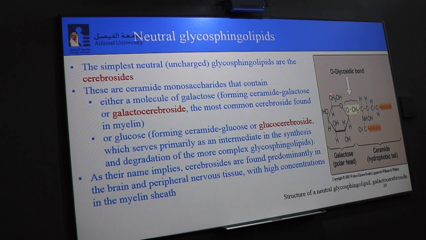If you have a galactose here and a ceramide here, this structure is called galactocerebroside. If you have a glucose here and a ceramide here, this structure is called glucocerebroside. So according to the monosaccharide attached to the ceramide, you give the structure its name, either galactocerebroside or glucocerebroside.